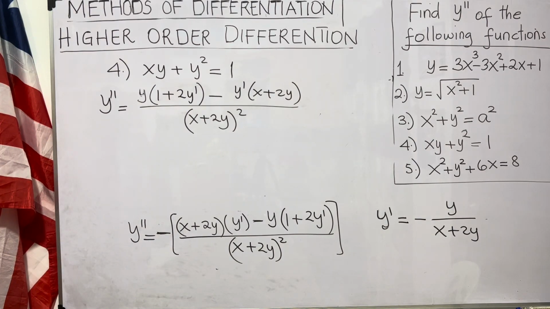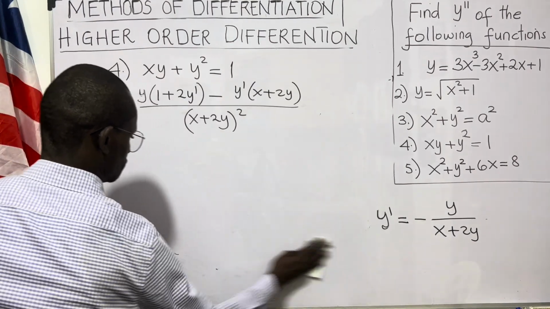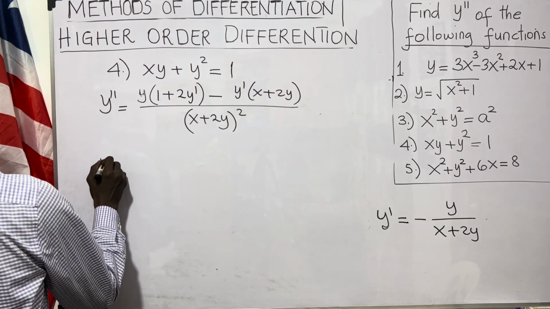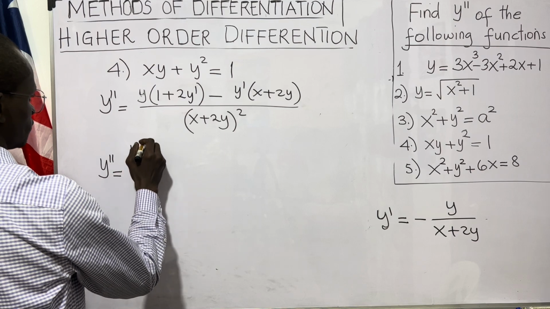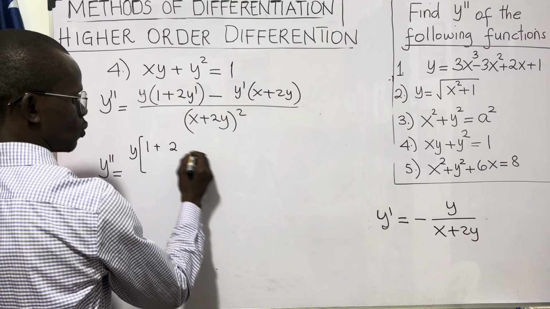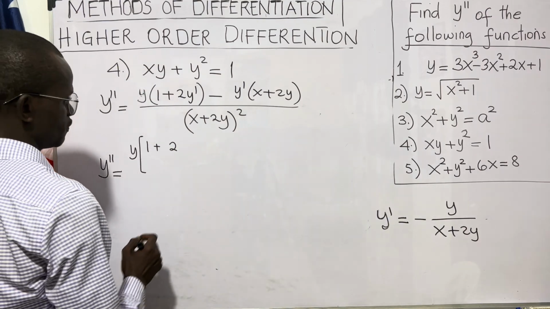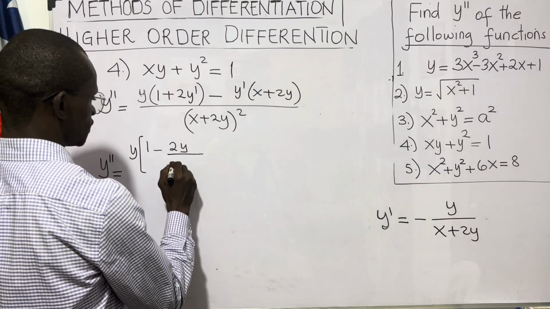That's it. Let's continue. Now we have to replace y prime. Wherever we see y prime, we must put in its expression. So this is 1 plus 2 times y prime, which is negative, so it's now negative 2y all over x plus 2y.